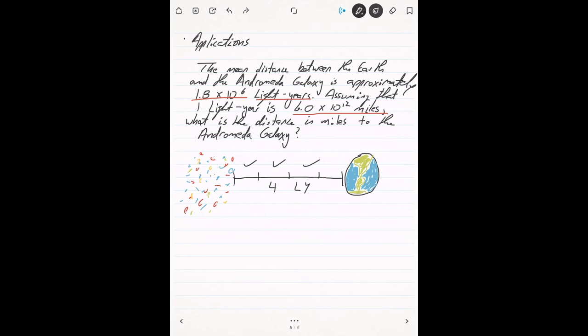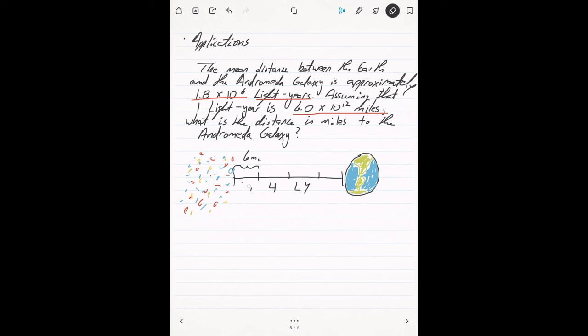Each of these distances is 1 light year. And let's just say 1 light year is 6 miles. So this is 1 light year, and 1 light year is 6 miles.